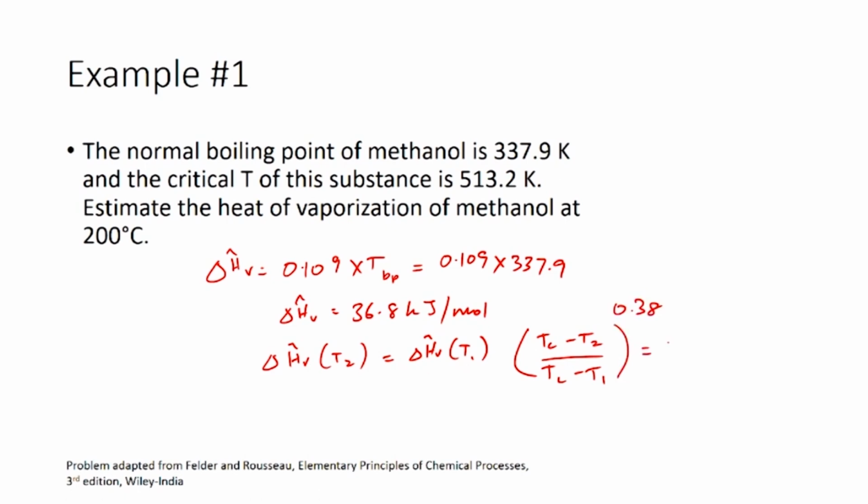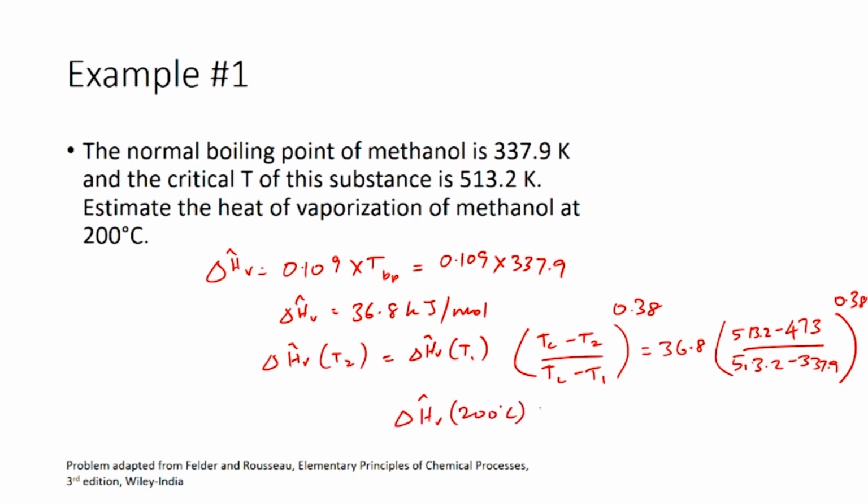So, this would be 36.8 times 513.2 minus 473 divided by 513.2 minus 337.9 to the power of 0.38. Using this we would be able to calculate the heat of vaporization for methanol at 200 degrees Celsius as 21 kilojoules per mole.